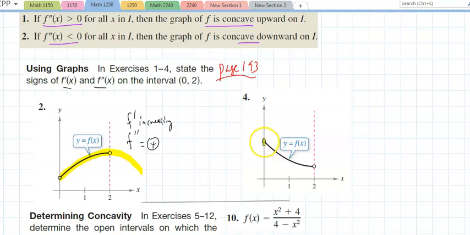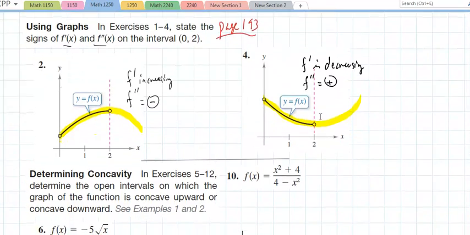And if you look at this graph, if you continue this curve as a smooth curve, you'll notice that it's kind of like a parabola opening down, so we say the derivative is decreasing. F prime is decreasing. And f double prime is negative. Okay, I said those backwards, didn't I? This is negative, and this is positive. My mistake. So we're going to tackle that in a couple of problems.